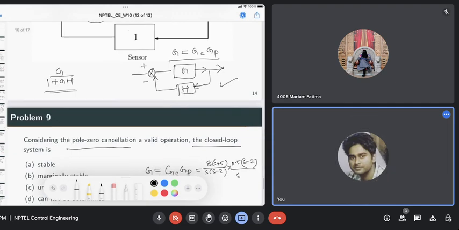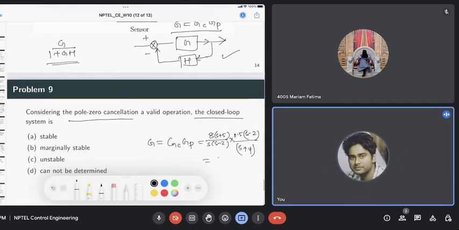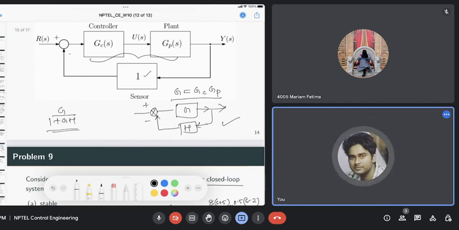We see the pole and zero cancellation, and it is simply 4s plus 5 by s into s plus 4. Then the closed loop transfer function will be G by 1 plus GH, and H is 1 for our case.